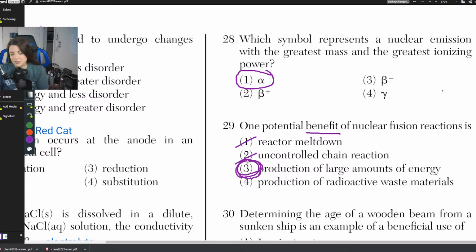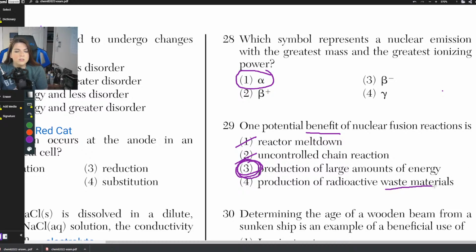Because you can have a tiny amount of nuclear material and turn it into a heck of a lot of energy. Meanwhile, if you were doing some type of fossil fuel or hydropower or even burning wood, you would have to have a lot of matter to create a lot of energy, where in the case of nuclear, you can do a small amount of matter and a large amount of energy. And that's really the benefit.